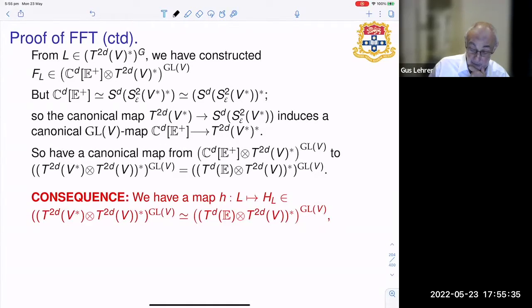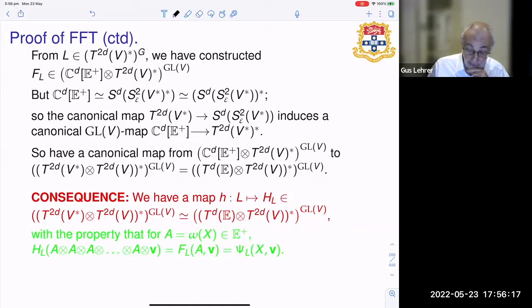So in summary, and this is the takeaway, we have a map which has taken us from an invariant linear form to a function HL, which is invariant under GLV, a function on this space which is invariant under GLV. We're just parenthetically remarking that we got to this space through there.